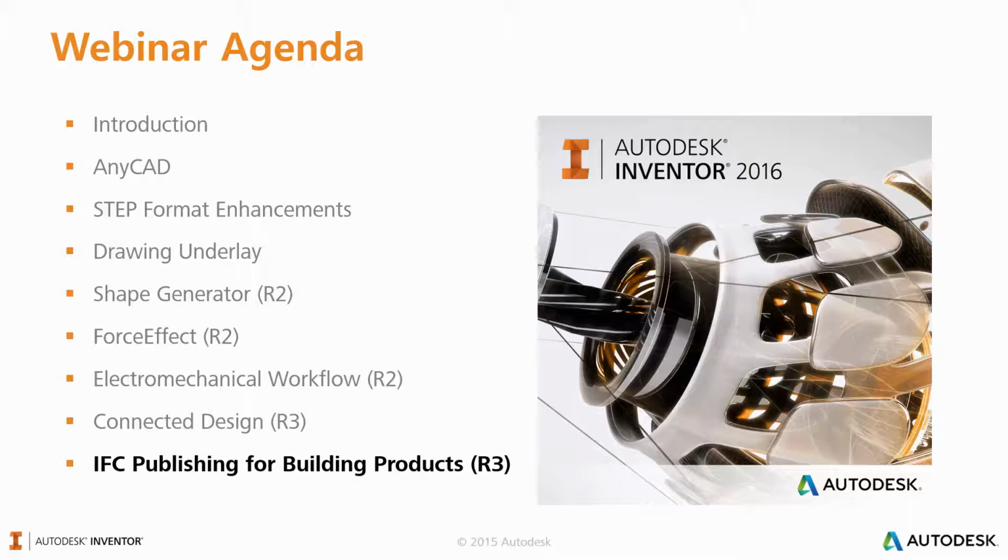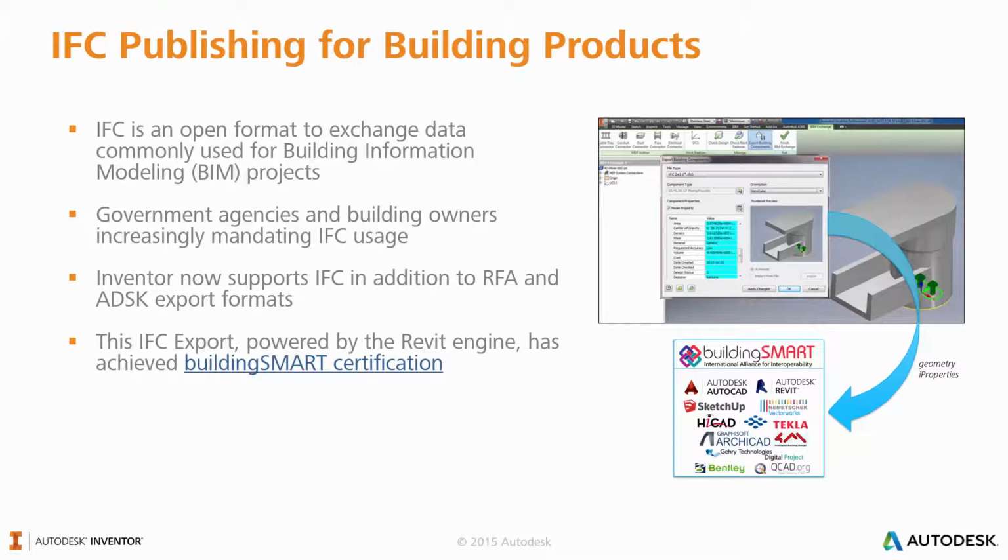Okay, and finally, IFC publishing for building products, which was another addition as part of the R3 release. IFC is a data exchange format, for mechanical engineers that aren't all that familiar with the building industry. It's very similar to, say, STEP or IGES.